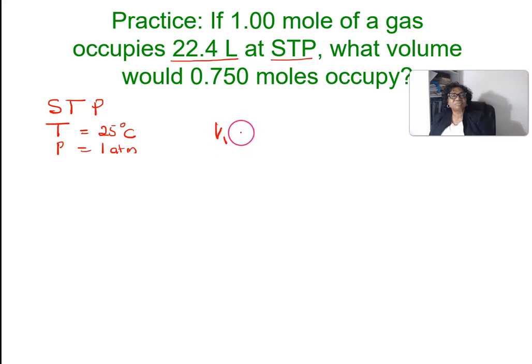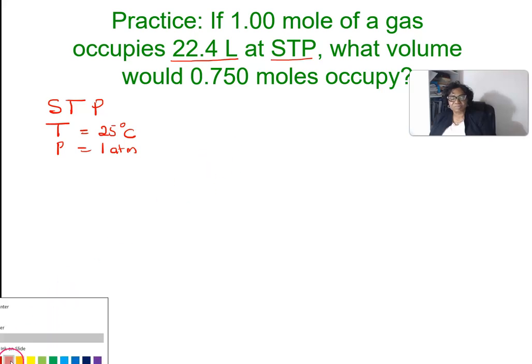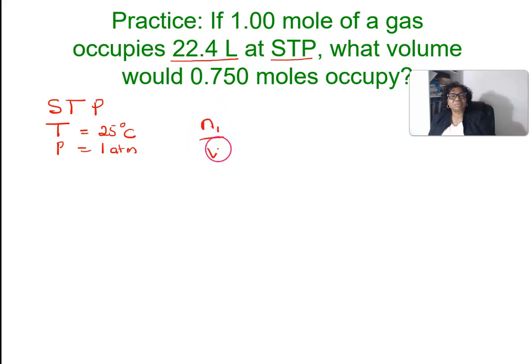What volume would 0.75 moles occupy? So we have N1 over V1 equals N2 over V2.